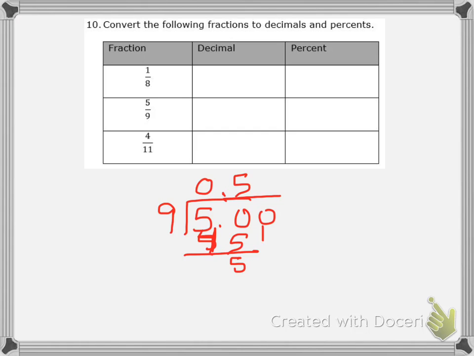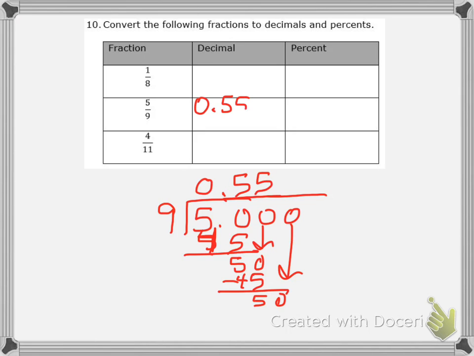So 50 minus 45 is 5. And I see that a pattern is happening. If I wanted to keep going, I would see it. So this answer is 55 hundredths repeating.